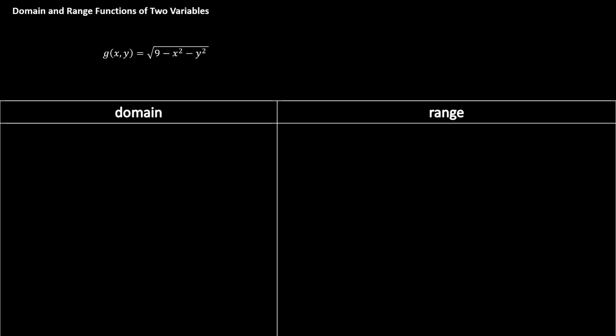For example, we know that the inside of the square root, we call that the argument of the square root, needs to be greater than or equal to 0. If it's not, then the function will break. So what we're going to do is take that inside expression and find out what will keep that true.